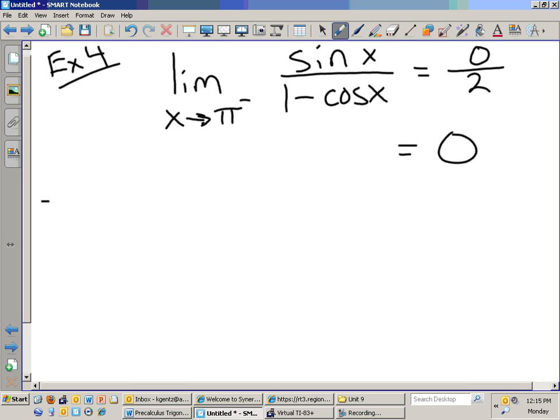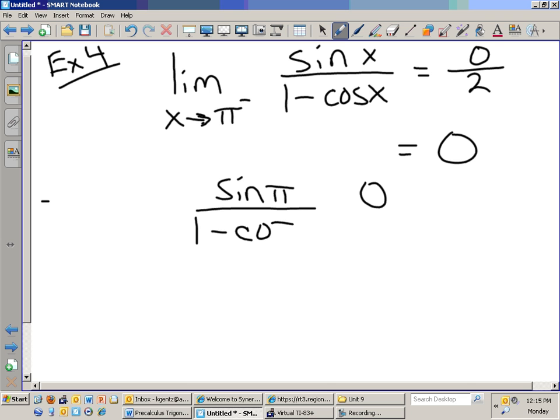So throughout your problems that you try, you're going to want to just take the derivative right away. But if you carefully look at it, as you can see, you don't need to take the derivative. If you plug in pi, sine of pi is 0.